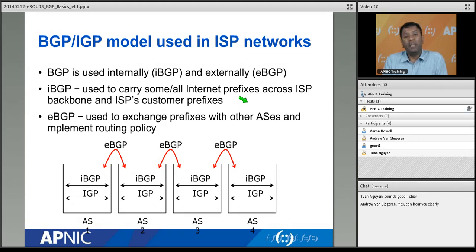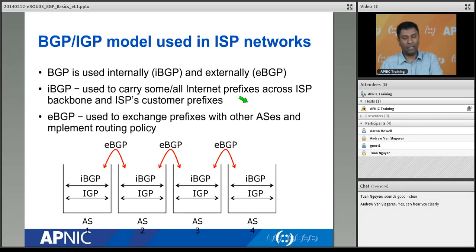And eBGP will be used on top of the IGP to collect routes from the external peers. So for example, your customer's router is running BGP as well. So from your POP routers to the customer CPE router, you'll have eBGP running. You collect the external prefix. Then from that POP, which collected the external prefix, it goes to the other POP via iBGP, not sent into OSPF.